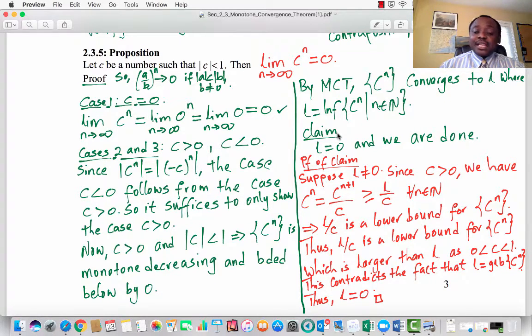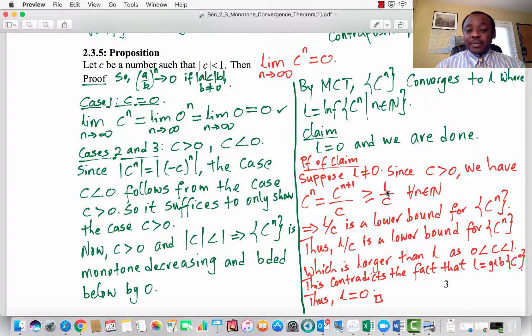Well, our claim is that yes, L equals 0. Proof of claim. Suppose L is different from 0. Then since c is positive, we would have that c to the n equals c to the n plus 1 divided by c. This is just simple rules of exponents. And this is greater than or equal to L divided by c for every natural number n.